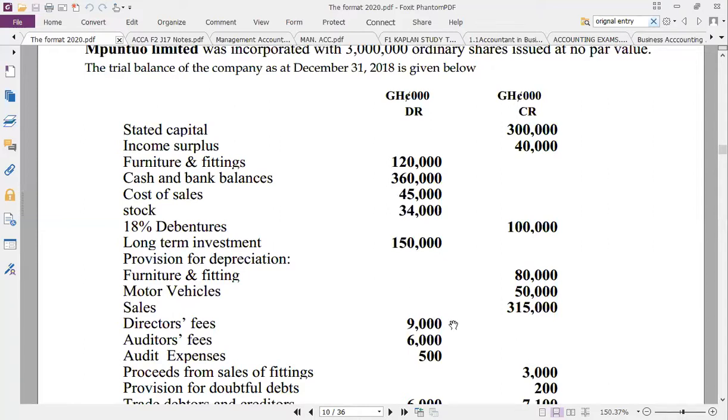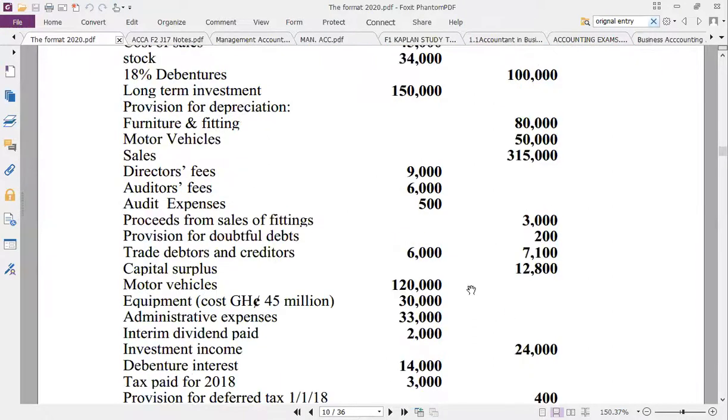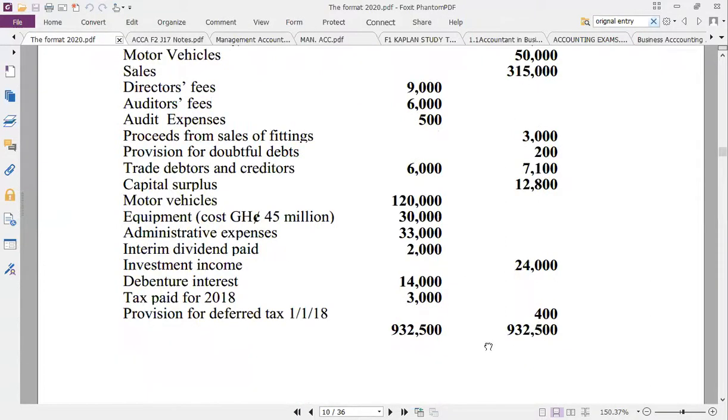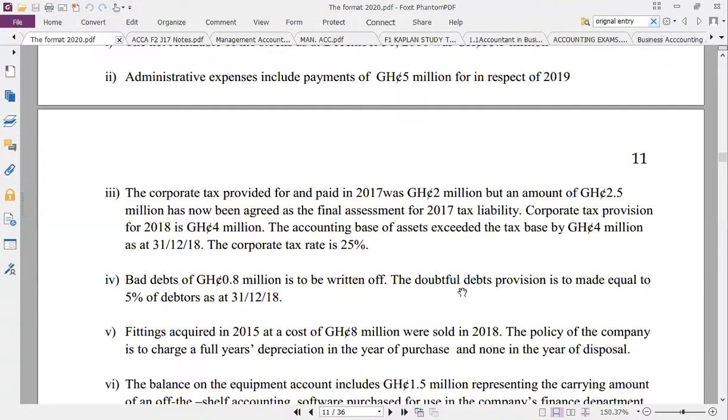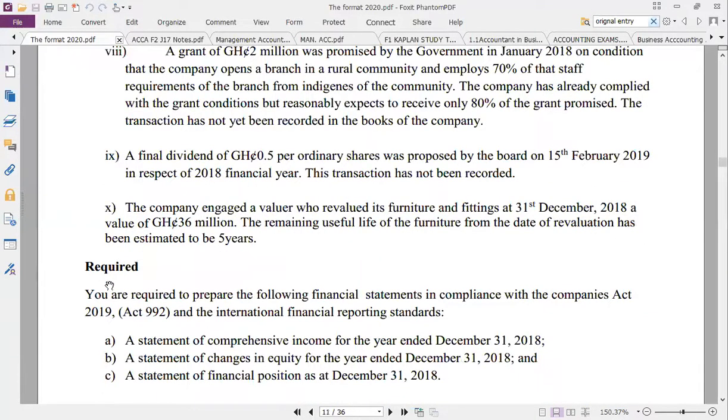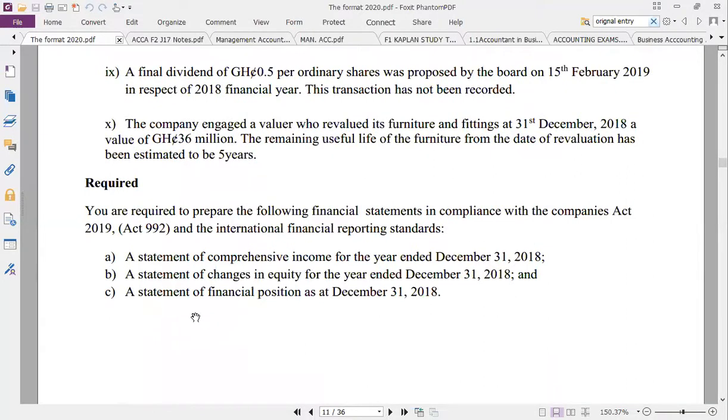So as usual, the financial statement preparation, the requirement will be 3. First, prepare the comprehensive income, and then the changes in equity and the financial position as at that date. So we will do the comprehensive income and the statement of financial position, then together with the changes in equity.